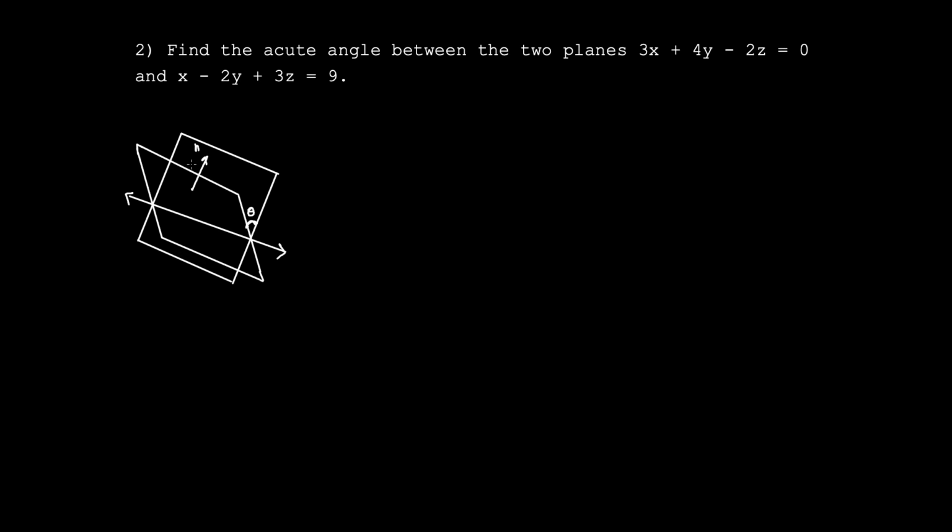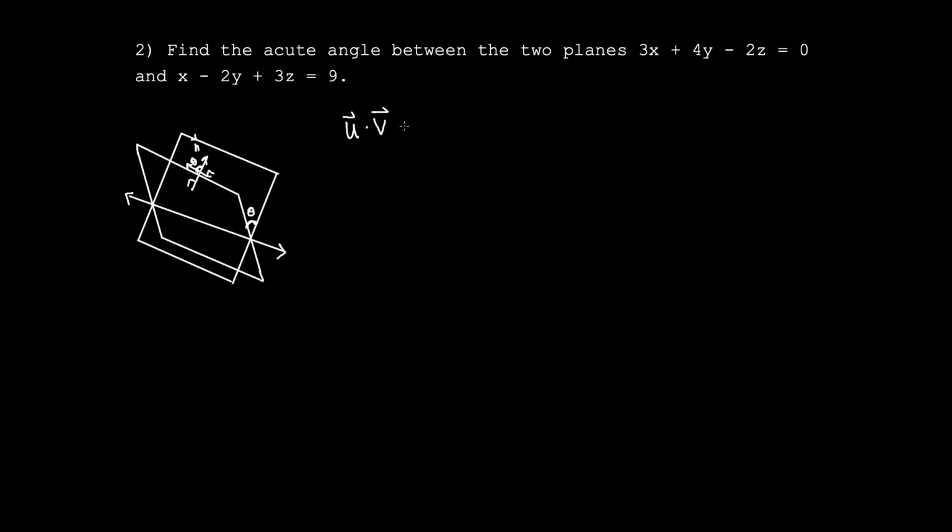As a reminder, the normal vector should be perpendicular to the plane, like so. So this angle between the two planes is the same as the angle between these two vectors. And we've talked about how to find the angle between two vectors in one of the prior videos.